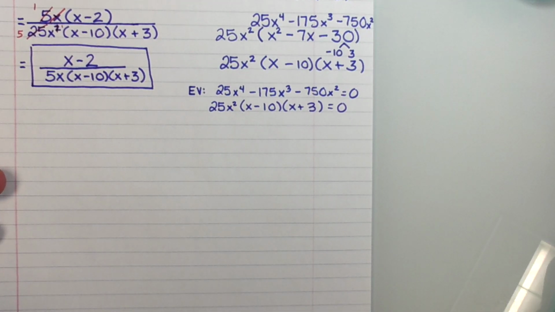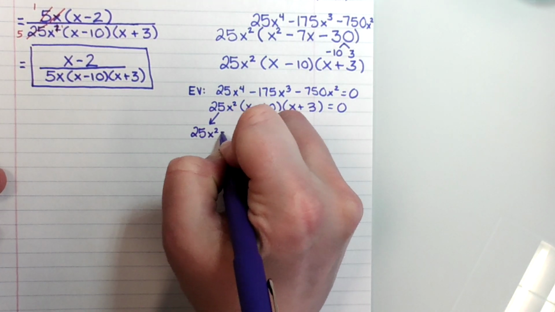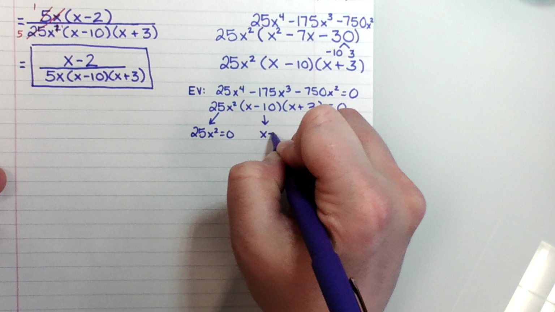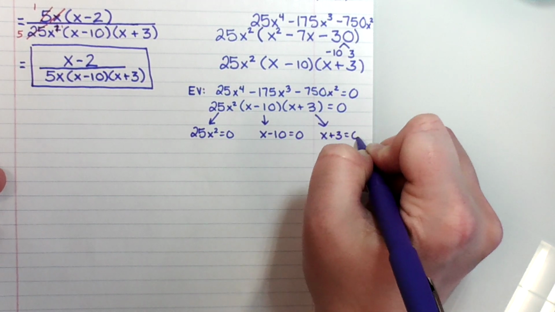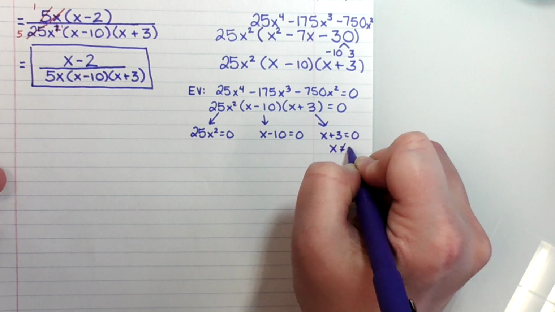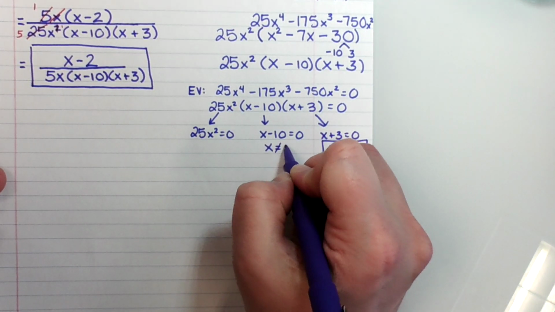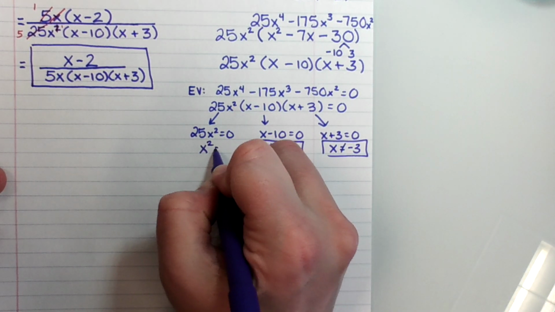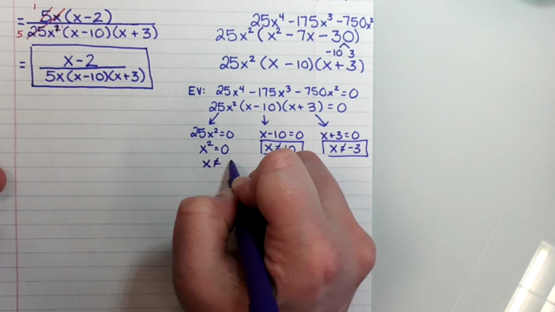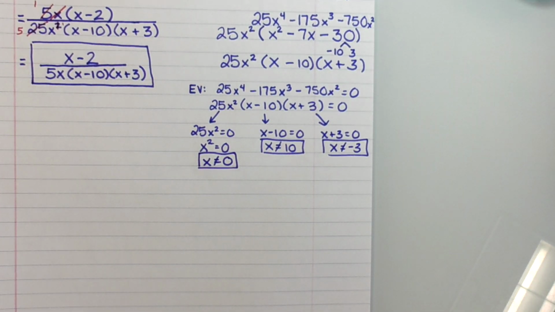Once it's factored, split it up and set it equal to 0. 25x squared equals 0. X minus 10 equals 0. X plus 3 equals 0. X is not allowed to be equal to negative 3. X is not allowed to be equal to positive 10. Divide by 25, x squared is 0, which gives me x is not allowed to be equal to 0.